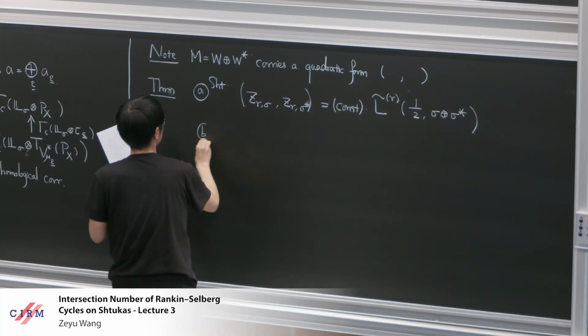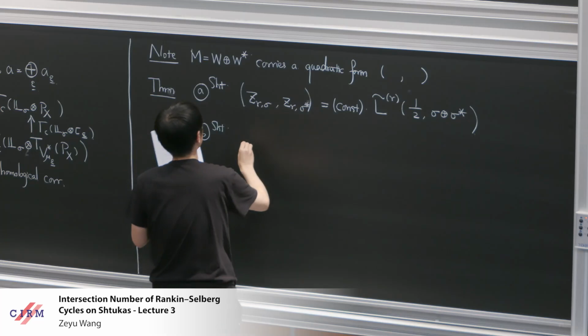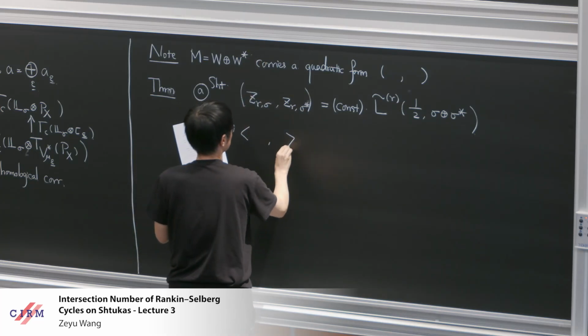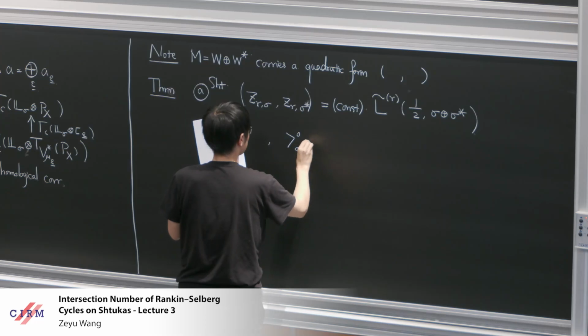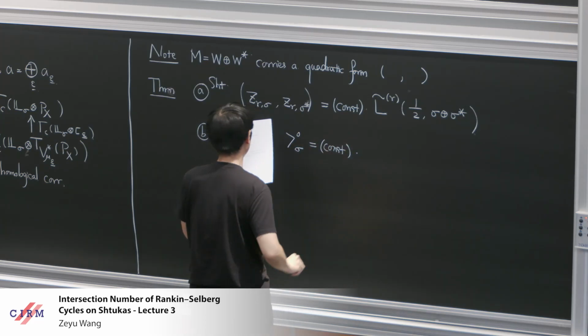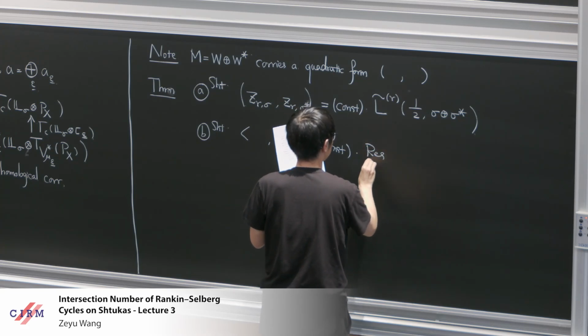The second statement is really a comparison between this quadratic form with the intersection pairing. It says that the intersection pairing is mostly the same constant times this residue stuff.